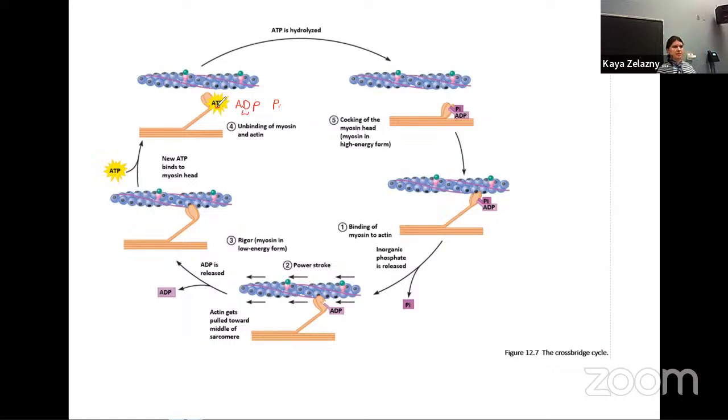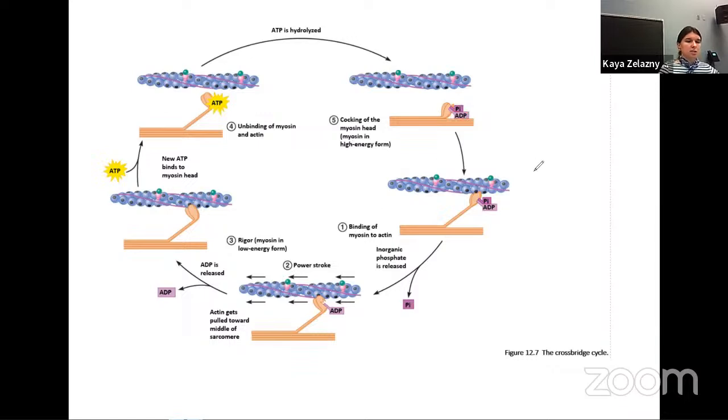So the T was for 3, the D is for 2. Okay, so we're breaking that ATP into 2 parts. Okay, and as we do that, we tuck this head back in, we tuck the cross bridge back in. Okay, so now we have what we call the cocking of the myosin head. So we're going into the high energy form. Okay, and that's readying us to go back to the beginning to bind myosin to the actin again.